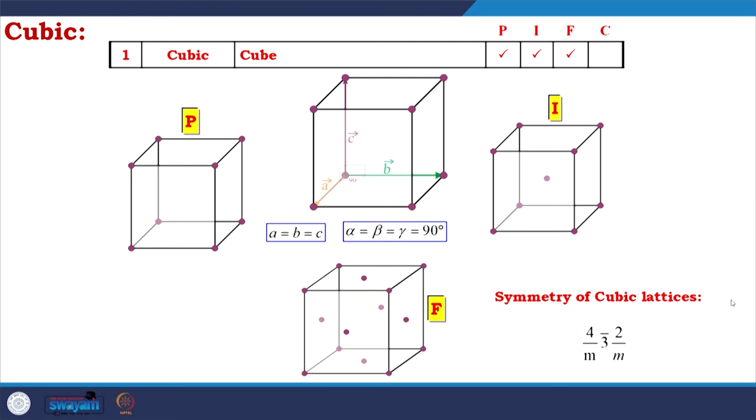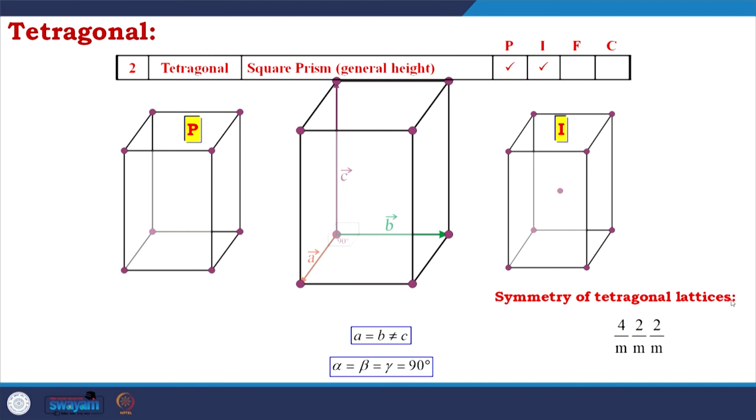The symmetry operations are 4 by m, 3 bar and 2 by m. Tetragonal has primitive and body centered. So, here a equal to b not equal to c, alpha equal to beta equal to gamma equal to 90 degrees. Symmetry 4 by m, 2 by m, 2 by m.